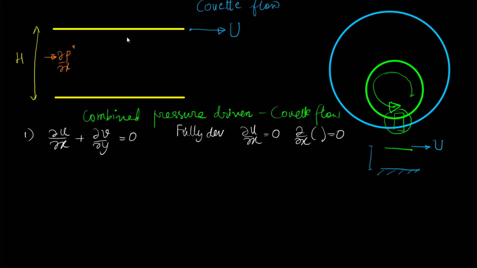That is, the velocity field cannot exist in this direction. So at the walls, we will have u equal to 0 and v equal to 0. These are consequences of the no slip and no penetration boundary conditions.